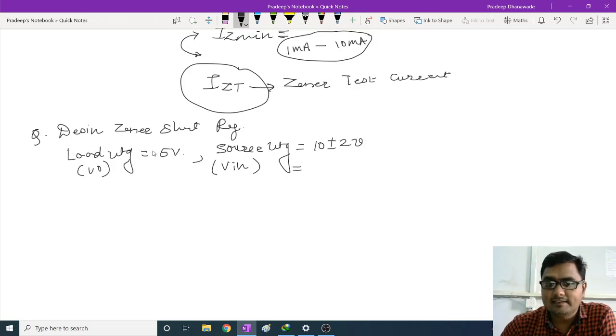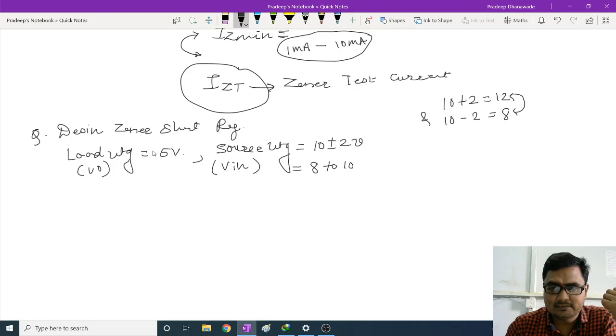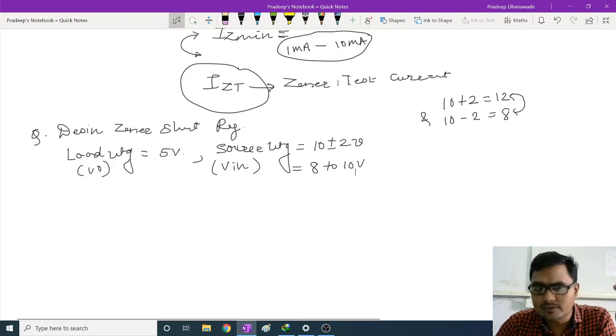It means 10 plus 2 and 10 minus 2, so this is 12 and this is 8. It means the input voltage is given in the range of 8 to 12 volt. Let me write input voltage V in is 8 to 10 volt, sorry, it is not 10, it is 12.